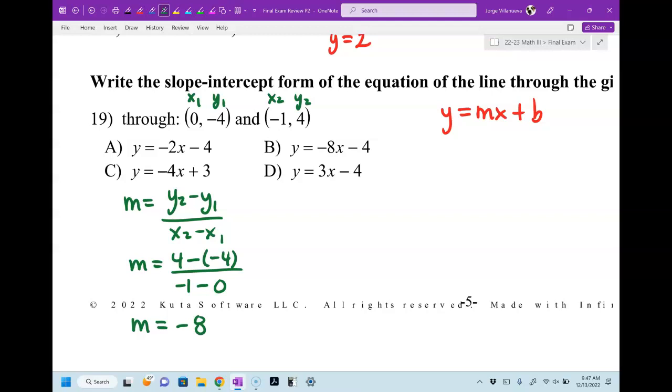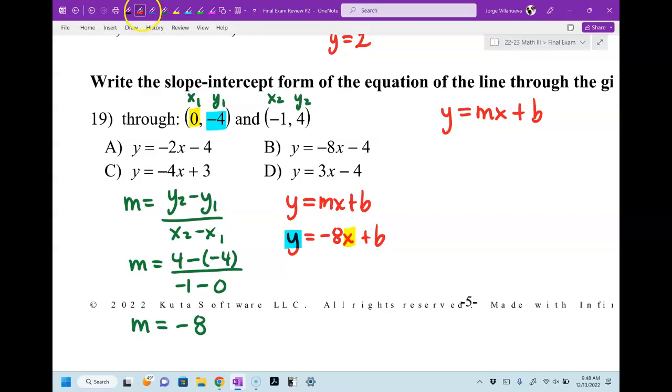So to figure out my b value, I'm going to rewrite my equation. But I'm going to put in the -8 in there, and then I'm going to put in any point that was given. Now, I always like using anything with a 1 or a 0, but preferably 0, because that tends to get rid of stuff. So I'm going to use the 0, -4. So x will go here, and your y will go there.